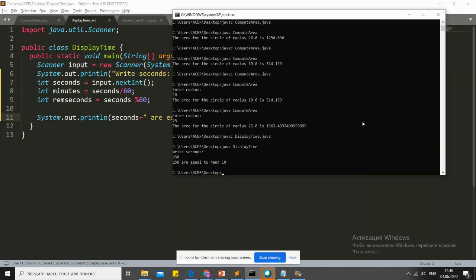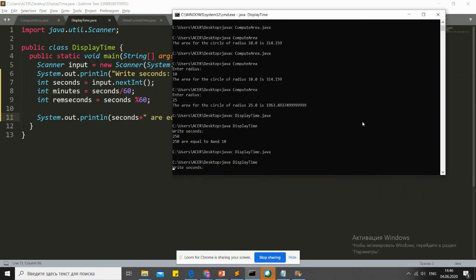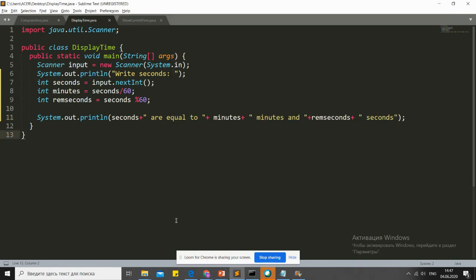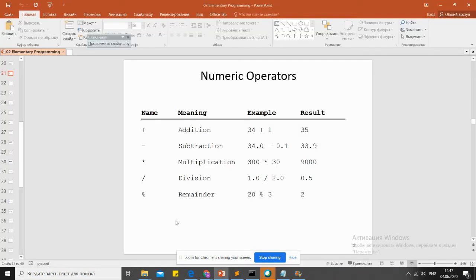This is how we can use the remainder operator in this way. Now let us continue.